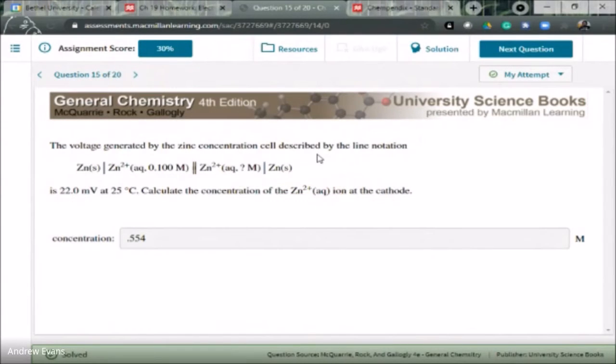Well, this is application of something that we'll use one or two times, but it puts everything into context, all the suffering with our Ks and our Qs, and it brings it into focus as we're trying to turn E cell into what concentration zinc has to be to create that voltage.